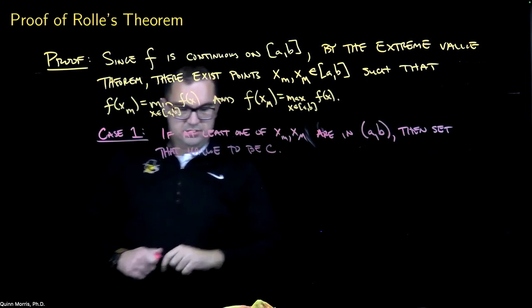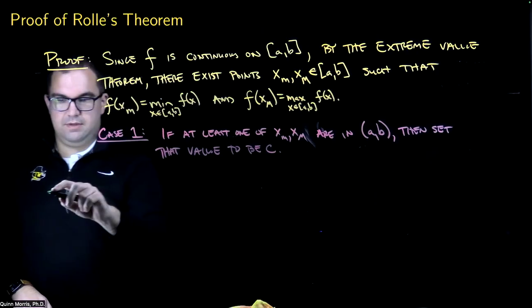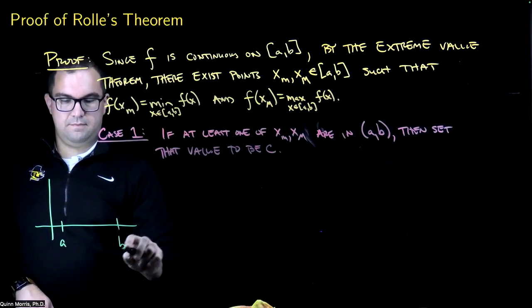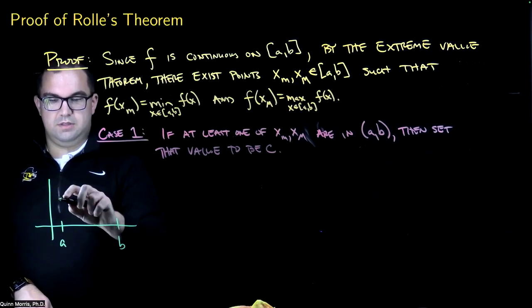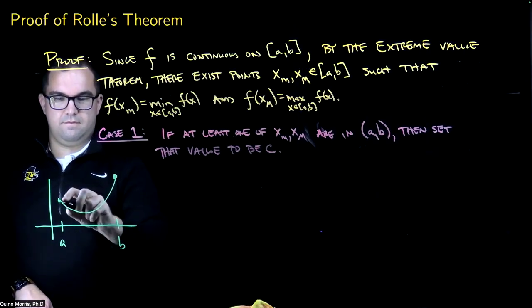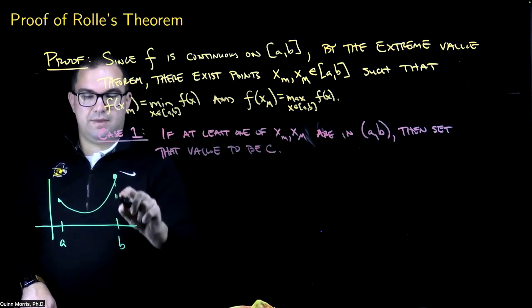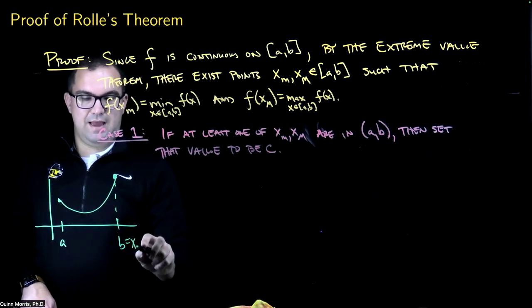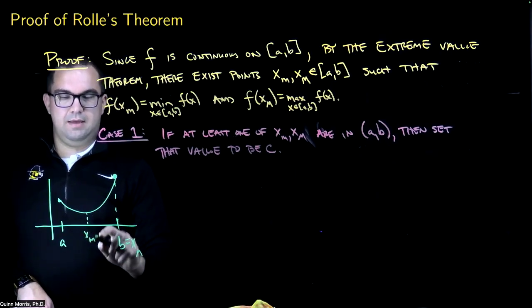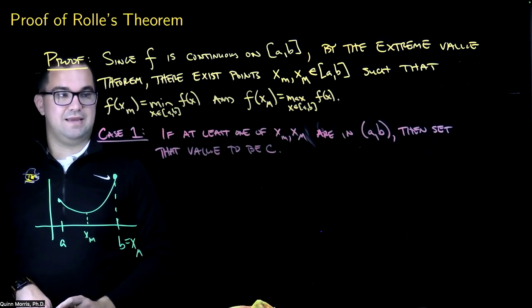So the idea is you can imagine maybe just over here, interval AB. Let's say you have a function that looks like this. Now, your x sub capital M is actually at the endpoint, okay? But x sub little m, where the minimum occurs, is in the interior.